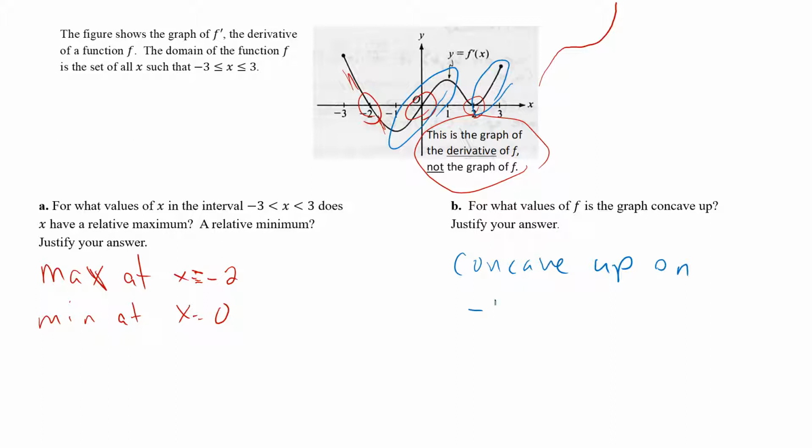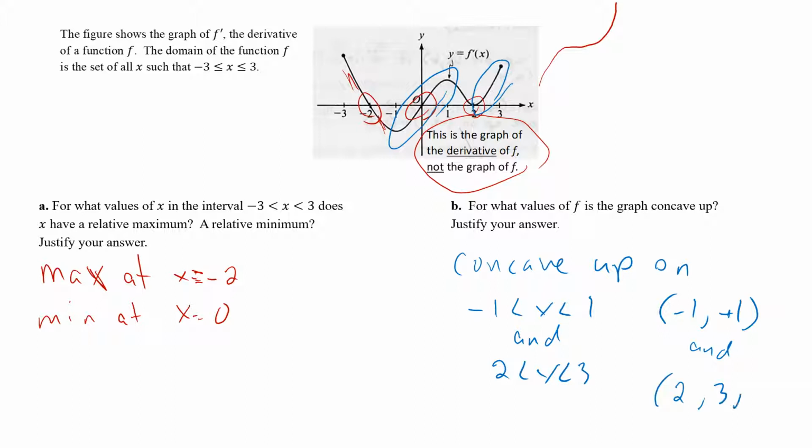You could write -1 is less than x is less than +1, or (-1, +1), in parentheses, not brackets, parentheses. And so it's from -1 to +1, and then also from 2 to 3. And 2 is less than x is less than 3, or (2, 3).